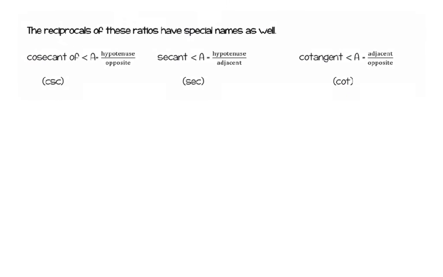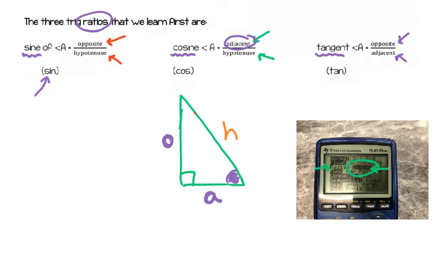Okay, continuing on, we also have reciprocals of our ratios. And remember, a reciprocal, like if you have 3/5, the reciprocal is 5/3. If you multiply a number times its reciprocal, you get the multiplicative identity, which is 1. So the cosecant of angle A, if you look, is hypotenuse over opposite, and if you look back at your other ratios, that's the reciprocal of sine.